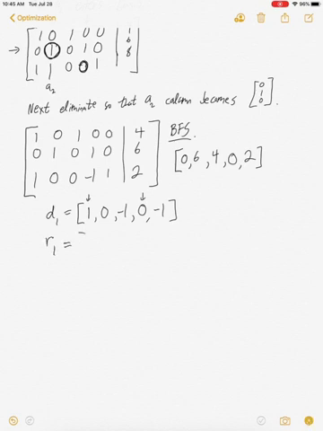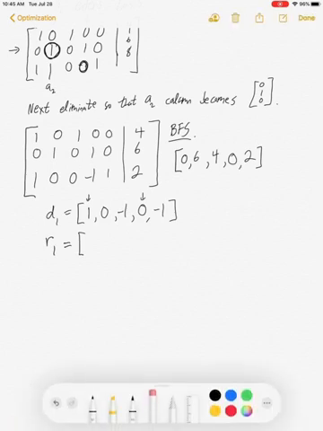So the associated reduced cost to this direction is, I'm just going to take the inner product with the cost vector. Right, the cost vector was -2, -5, and then zeros. So this reduced cost is going to be -2.